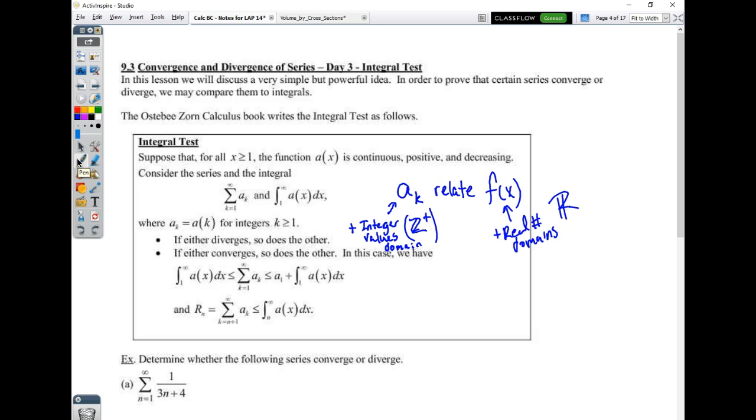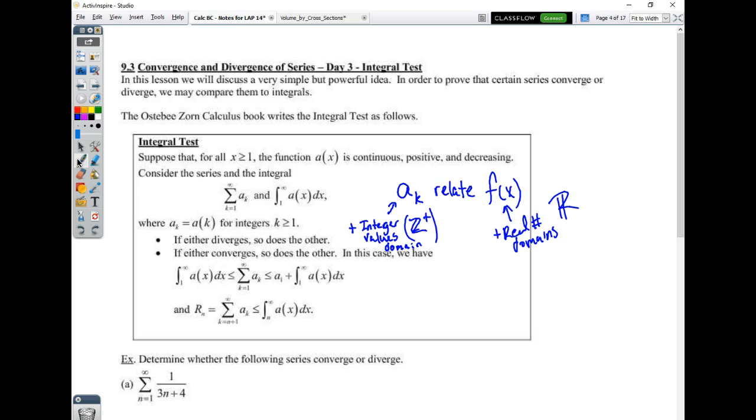So here's what it does. Let's say we come up with a function that relates, and I look at that f of x function, I realize that f of x function is three things. It must be continuous. If the function is not continuous, we cannot take the definite integral of it, and then we have some sort of failed at life type moment, okay? So we have to have a continuous function. We have to have a positive function.